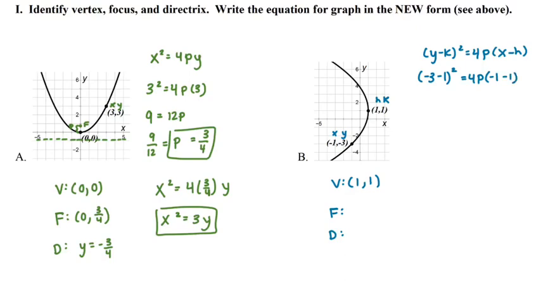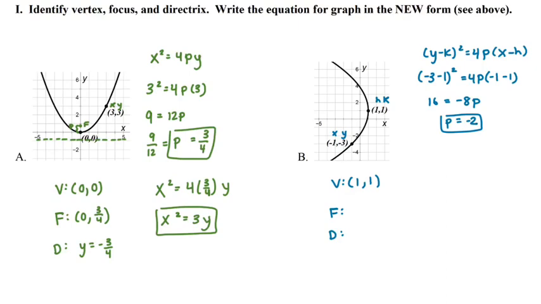Let's simplify and solve for p. -3 minus 1 is -4, squared is just 16. And then we get -8p on the right-hand side. Divide by -8, p is equal to -2. All right, p is equal to -2.